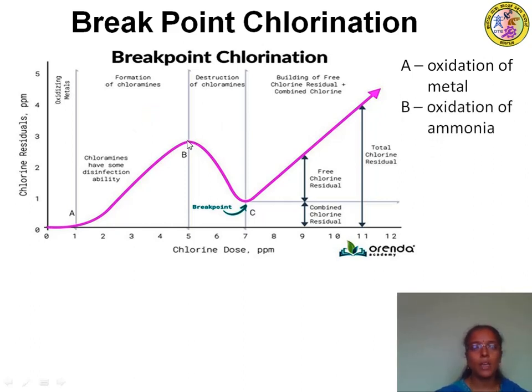Up to point B, oxidation of ammonia takes place. Then as the chlorine dosage increases further, the residual chlorine drops down. Why? Because the chloramines formed up to point B will be destroyed in this portion BC. Therefore the chlorine residuals drop down.